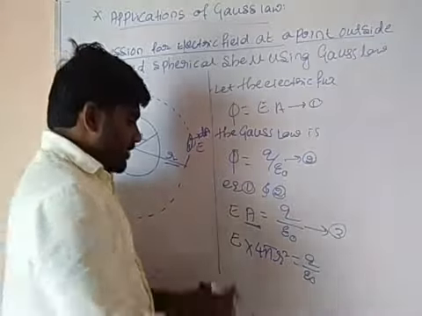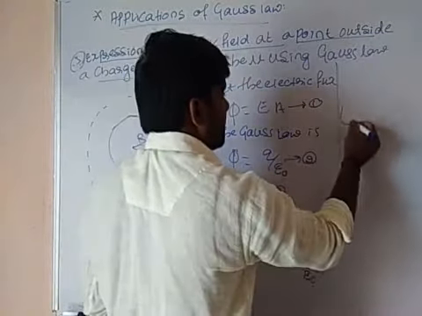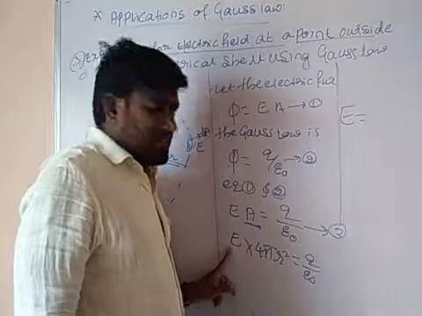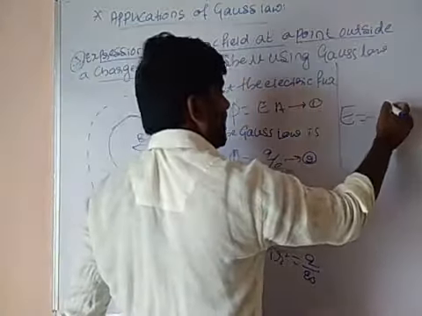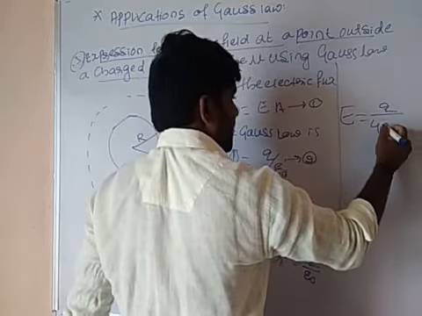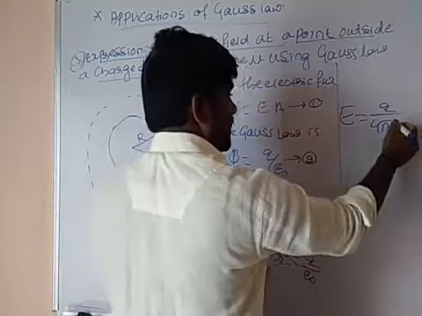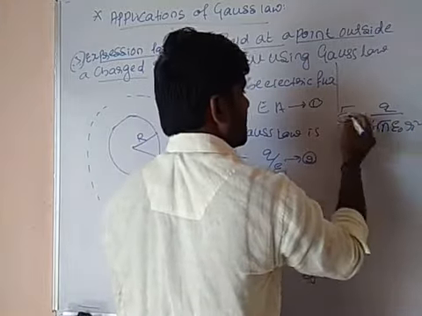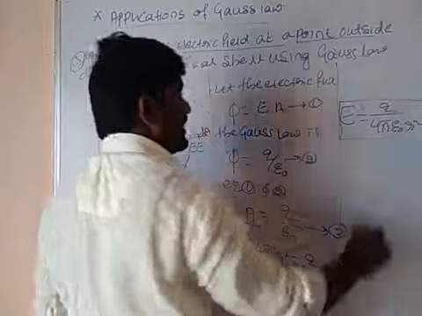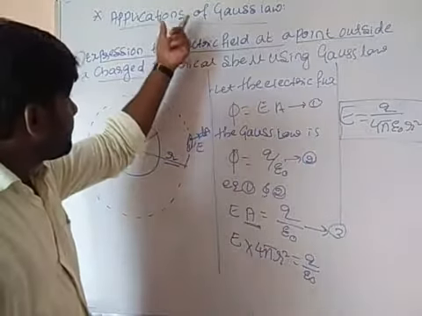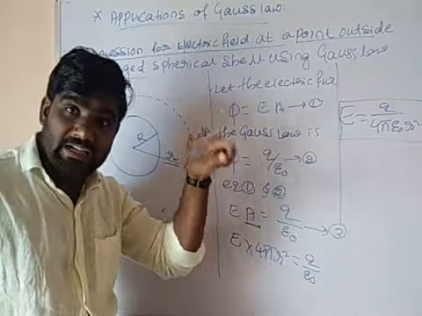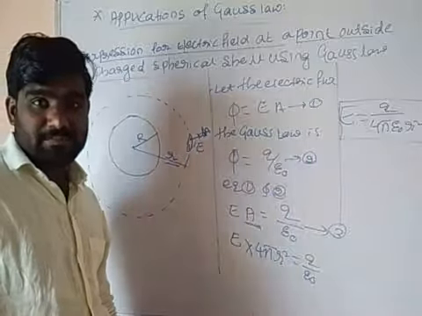So what should I write? E is equal to Q divided by 4 pi epsilon naught r square, which is the final expression for the electric field outside the spherical shell.